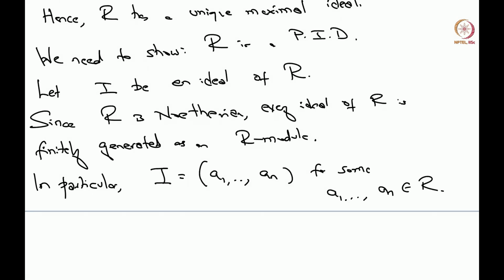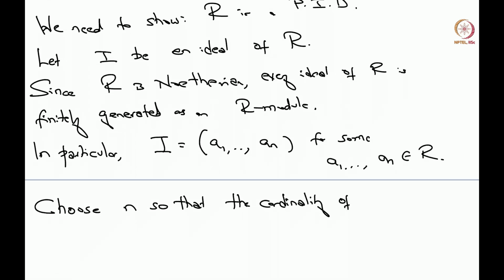Now, what I'll also assume is that we choose N so that A1 up to AN is a generating set. I want to choose the cardinality of the generating set, so I'll just choose N so that the cardinality of the generating set is minimal.